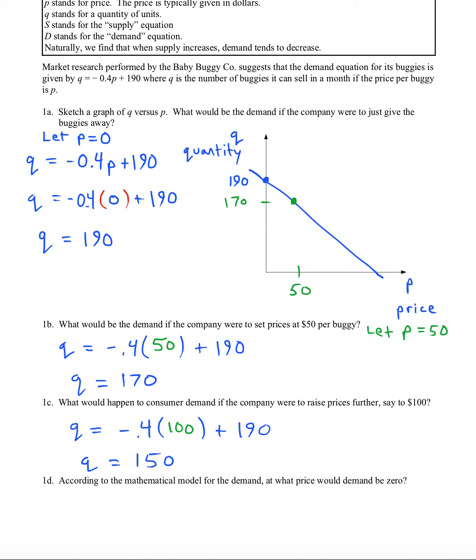And the last question asks, according to the mathematical model for demand, at what price would demand be 0? They're asking for this price right here. Alright, so let's set the demand equal to 0.